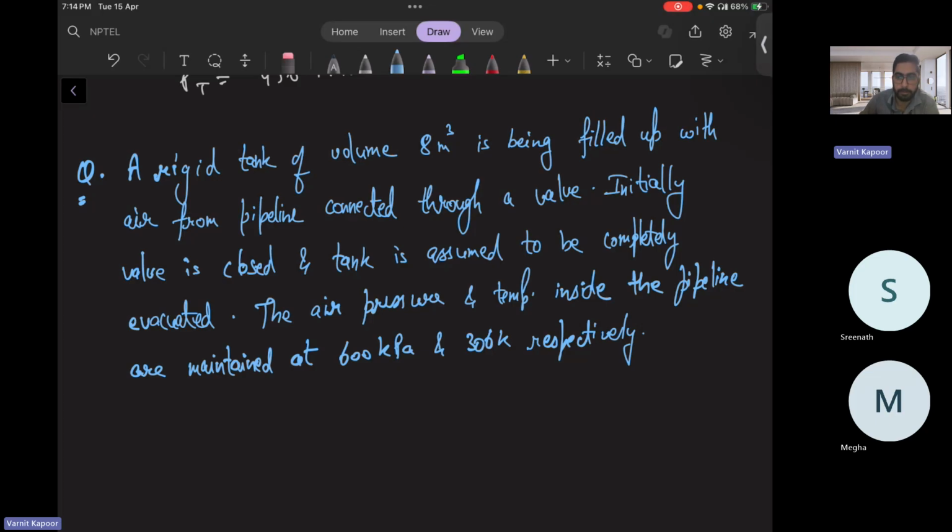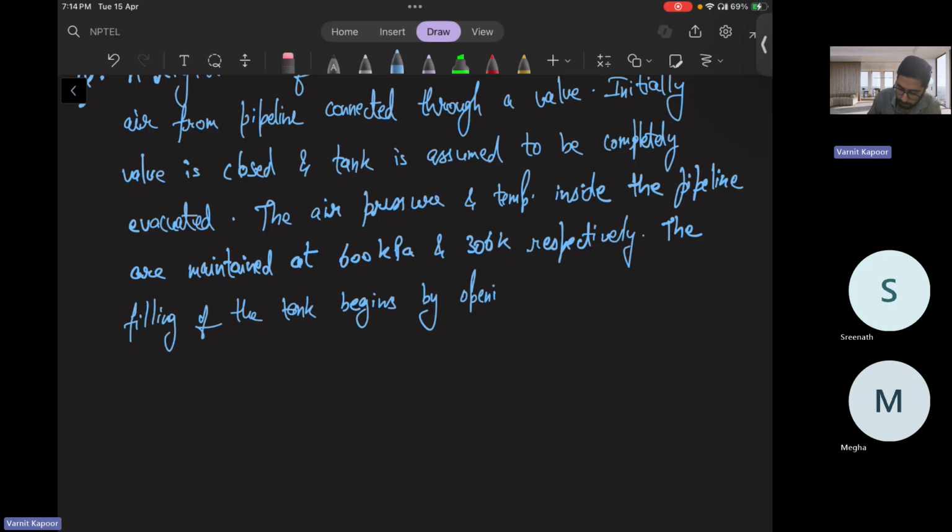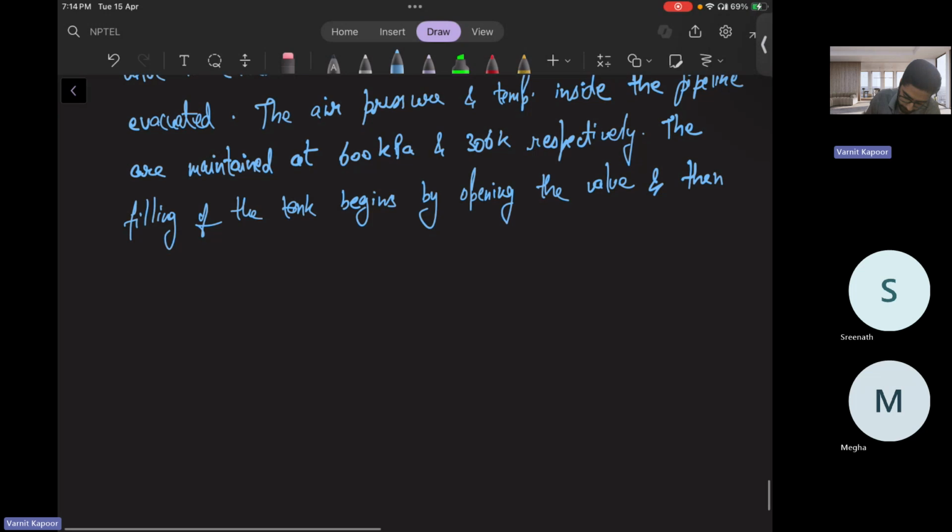The filling of the tank begins by opening the valve, and the process ends when the tank pressure is equal to the pipeline pressure.